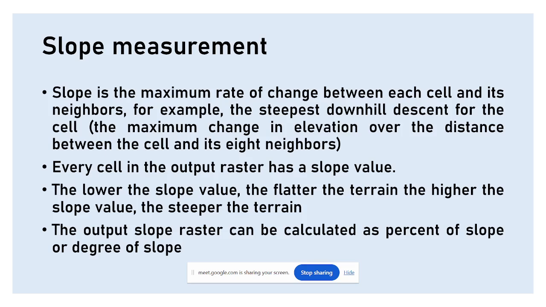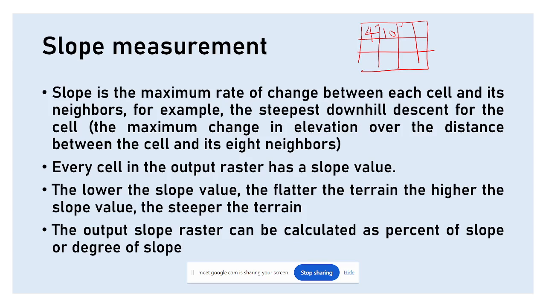Technically it is the maximum rate of change between each cell and its neighbors. So the slope value will vary. You have grids like this, and between each cell there will be a variation. For instance, if this is 4 and this is 10, that maximum rate of change between each cell is the slope.